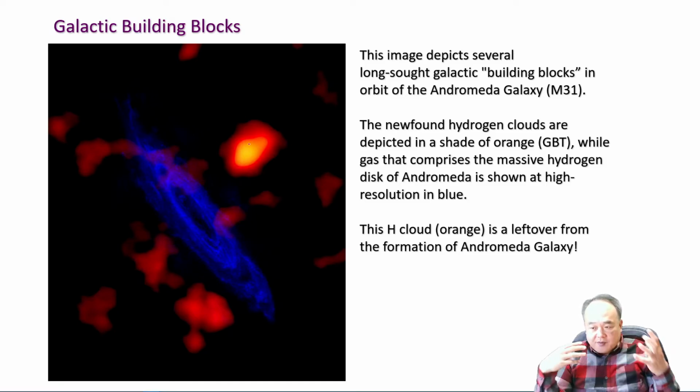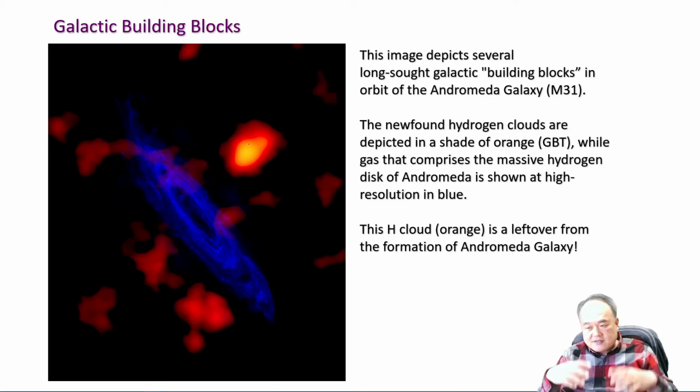So there must be some ancient hydrogen cloud left over from the initial galaxy formation, and this type of discovery of ancient galaxy building blocks can be observable from the nearby galaxies to our Milky Way.